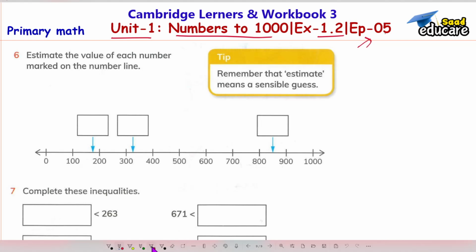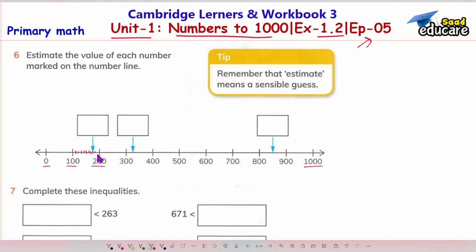So let's see, this is 0 and here is 1000. We have to find the value of this blank box, which is between 100 and 200. So let's count 10, 20, 30, 40, 50, 60, 70, 80, 90 and 200.